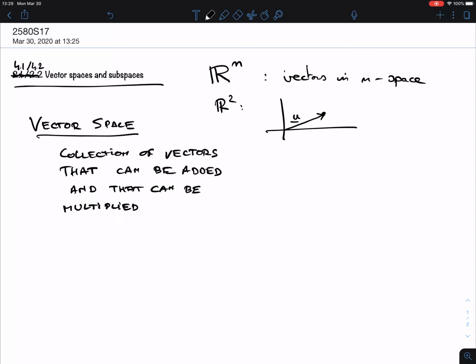Remember, a scalar is just a fancy word for saying a real number.